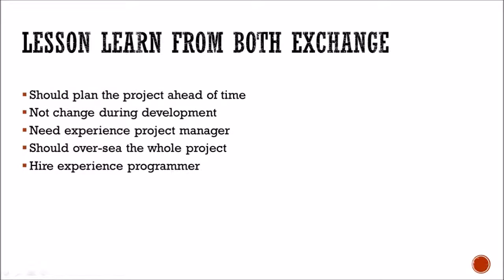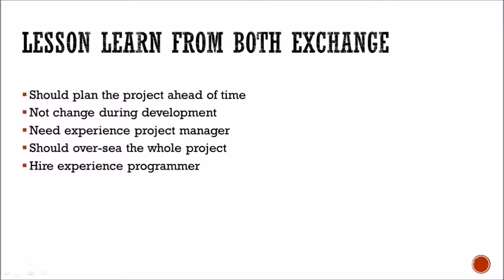The lesson here is that if Oregon Health Authority had planned the project ahead of time and made all the changes before they hired the developer to make the software, it would have prevented so many problems. They failed to hire someone with experience in the healthcare industry to develop the software.